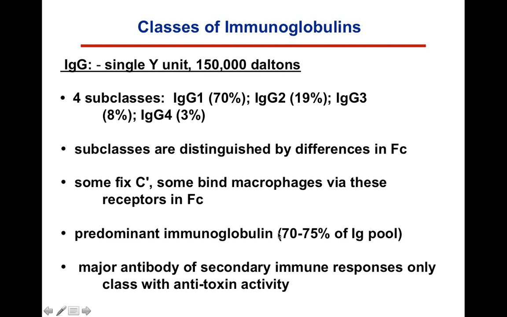If you look at antibodies in the plasma, it's 70-75% IgGs. And they're the major antibody in the second response that has antitoxin activity. So as we'll see later, you can use antibodies therapeutically to remove or eliminate toxins, for example bacterial toxins such as diphtheria toxin.